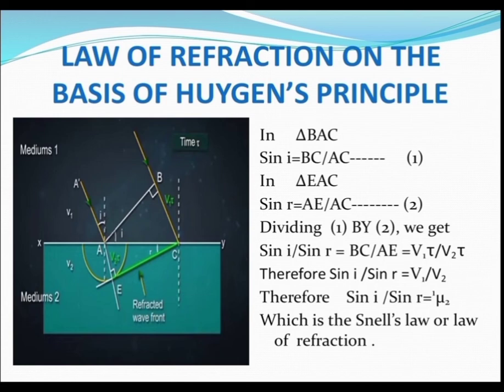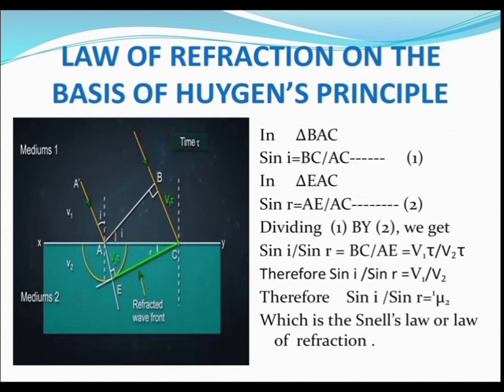On dividing equation 1 by 2, we get sin i over sin r equal to BC over AE, because AC and AC get cancelled. Since BC equals V1 tau and AE equals V2 tau, we get V1 tau divided by V2 tau.